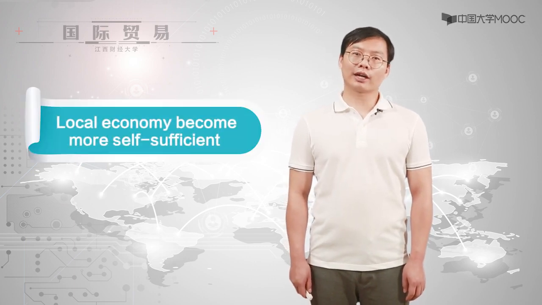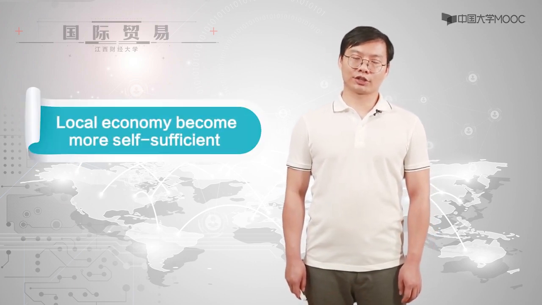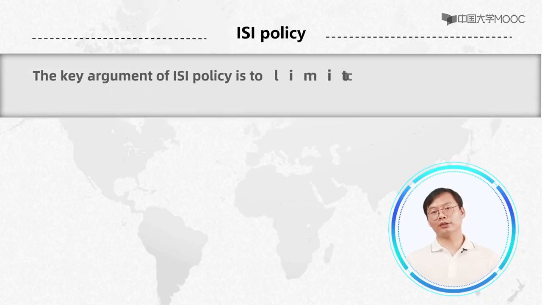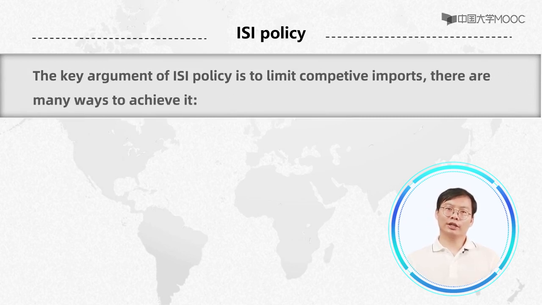As time goes by, they may emerge and be able to compete with imported goods. As a result, the local economy becomes more self-sufficient. Developing countries should produce goods domestically rather than import them whenever possible. The key argument of ISI policy is to limit competitive imports.